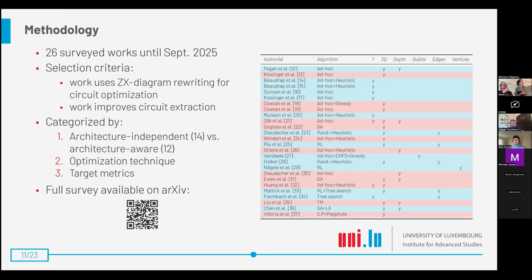I have a question related to this. When you are thinking about these targeted metrics, is the resource overhead the only thing that you're worried about? Do you also worry about the success rate of getting the expected outcome after the computation?